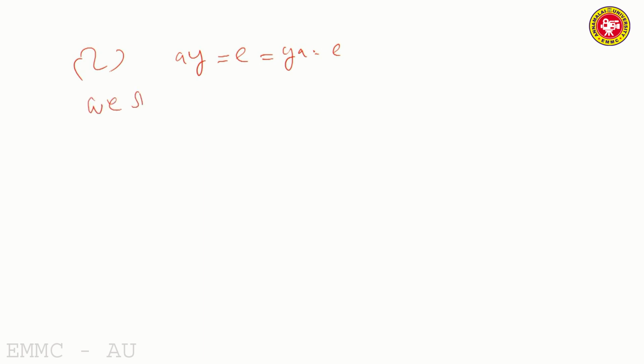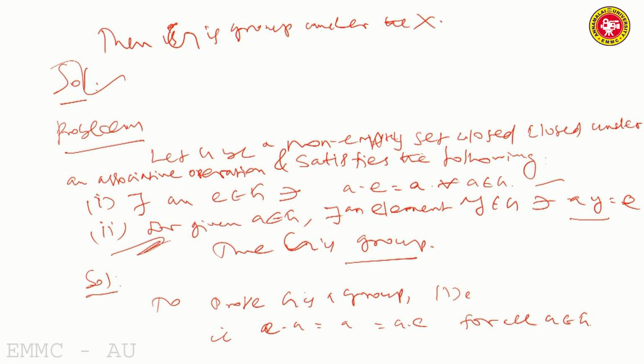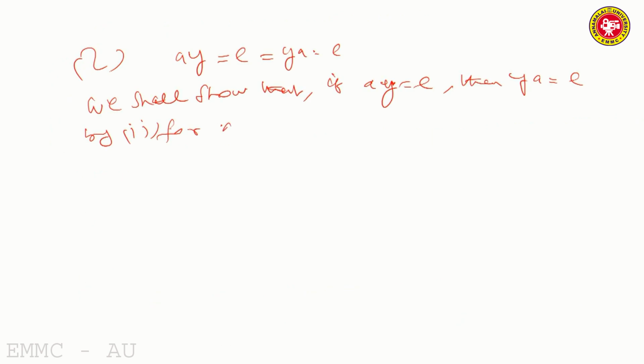First we shall show that if AY is equal to E, then YA is also equal to E. By property 2 in this problem, for a given Y, we can find Y1 in G such that Y dot Y1 is equal to identity.